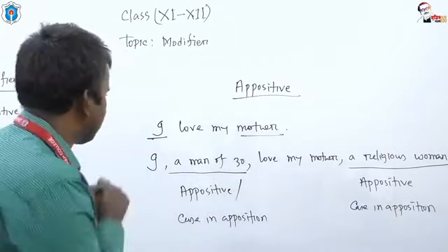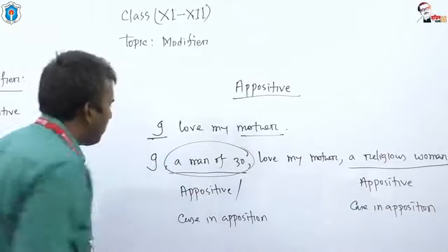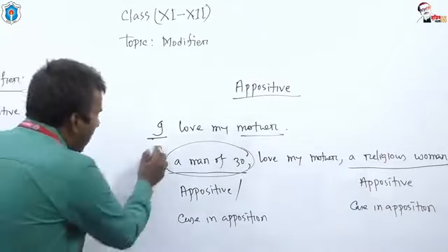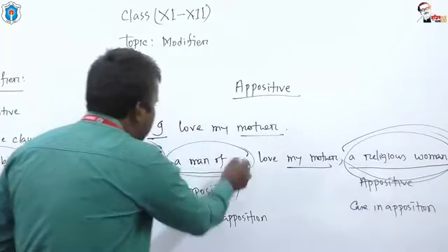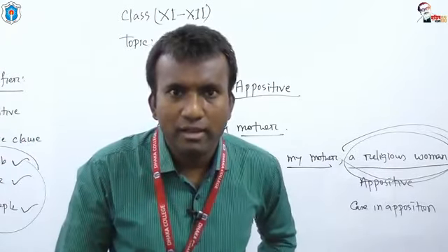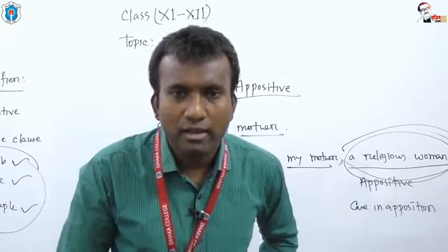Now, my dear students, a man of 30 modifies I. A religious woman gives additional information about my mother. So can I say that a religious woman and a man of 30, both of them are modifiers? Now I have a question: whether they are post-modifier or pre-modifier.